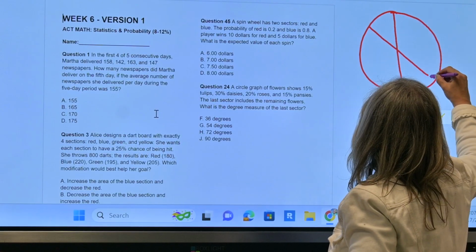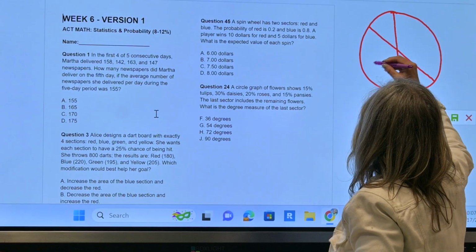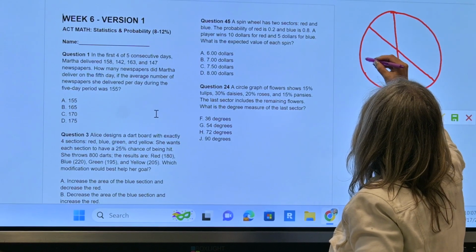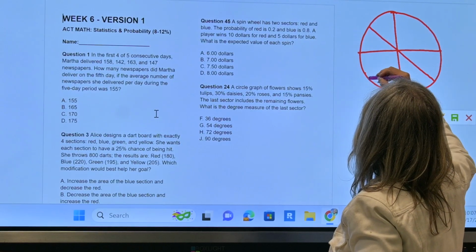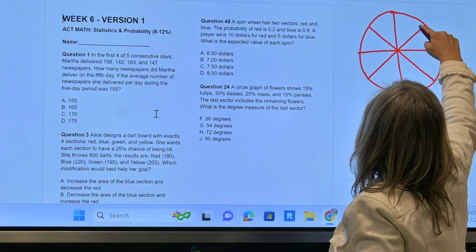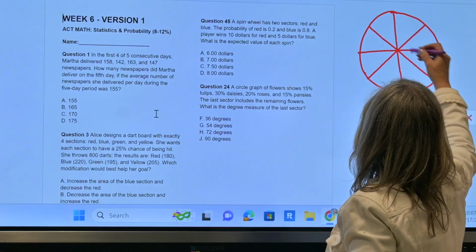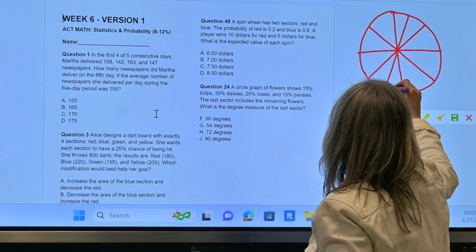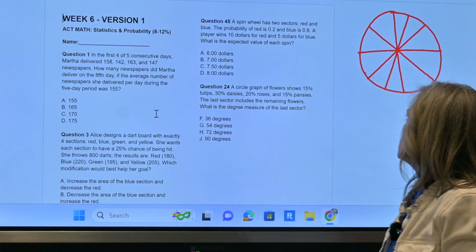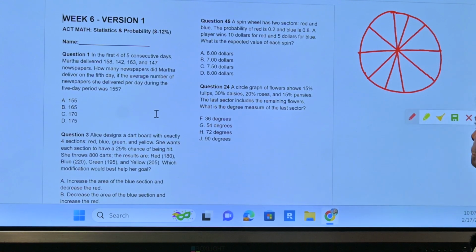So what do I got? 1, 2, 3, 4, 5. 1, 2, so that's still, I need one more. Let's do right here. Okay, so that's 10 sections, okay?